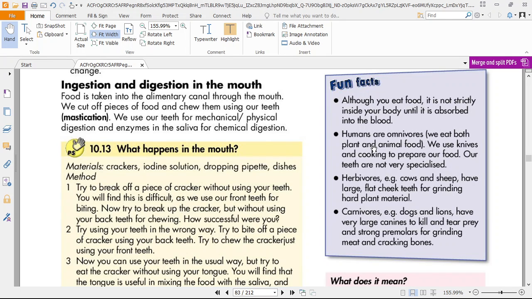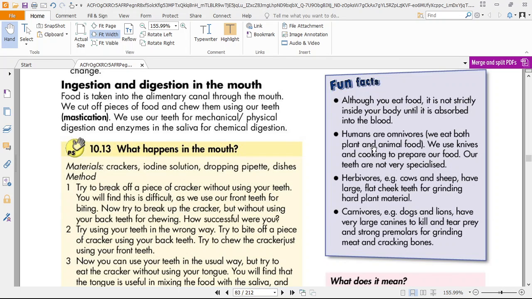Herbivores such as cows and sheep have large, flat teeth for grinding hard plant material, and we do not digest plant material; it passes through the body.